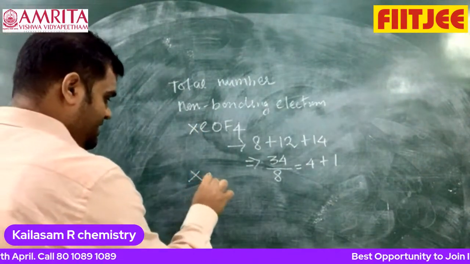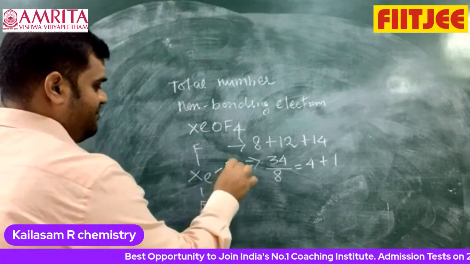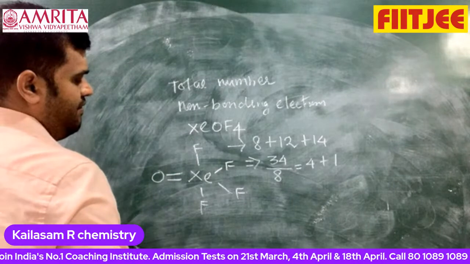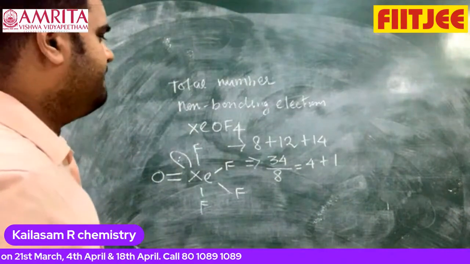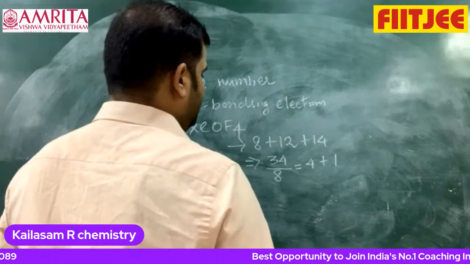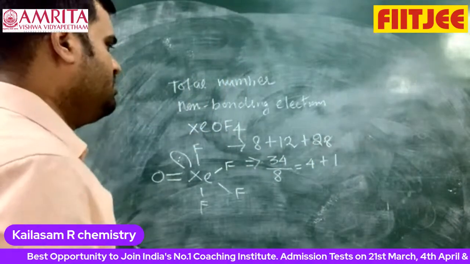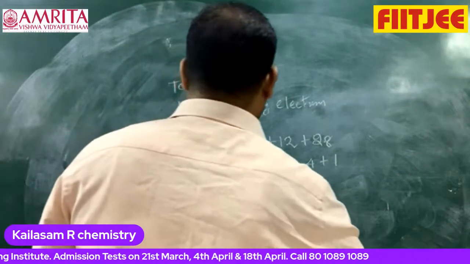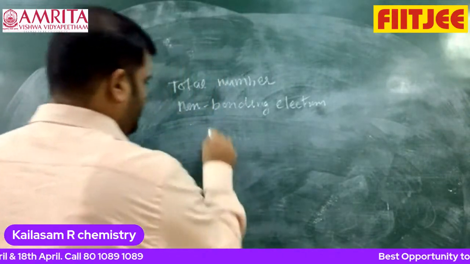Xenon, this is F, F, F, F, and double bond O, and you have one more lone pair there. Extremely sorry, you are going to get 38. Imagine some calculation mistakes.